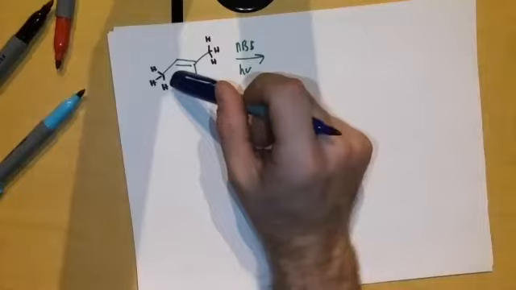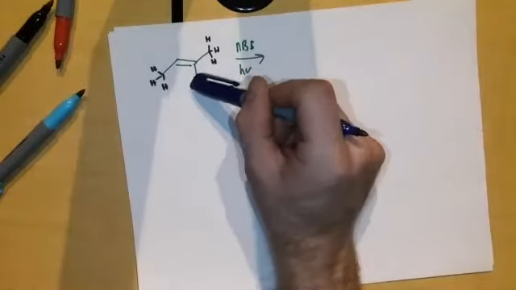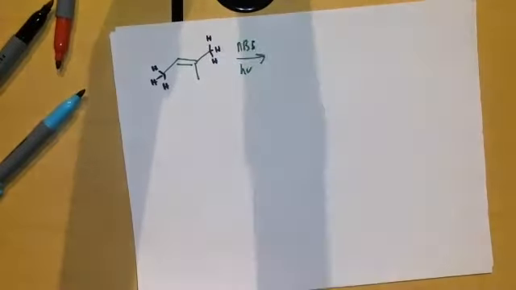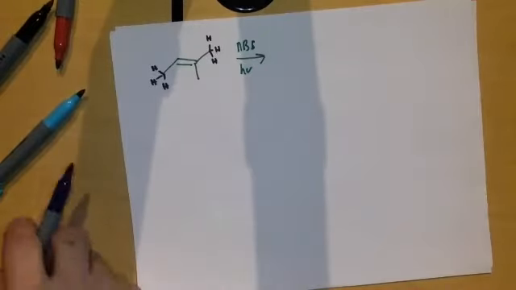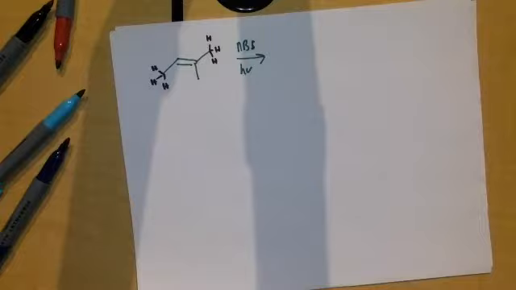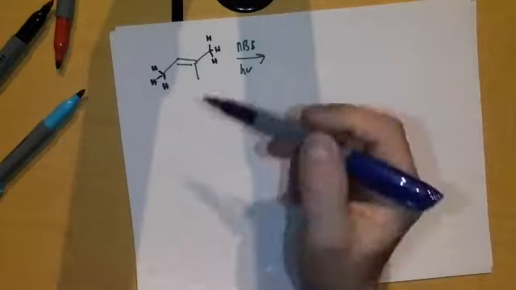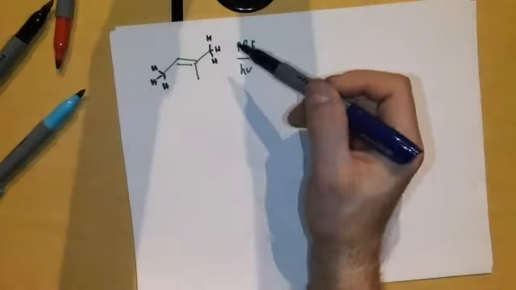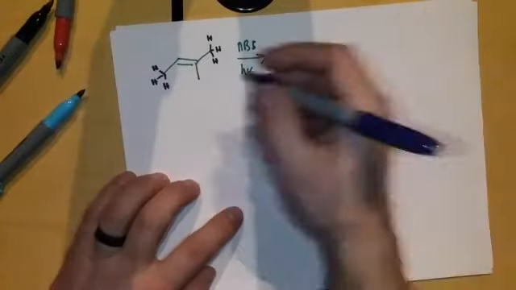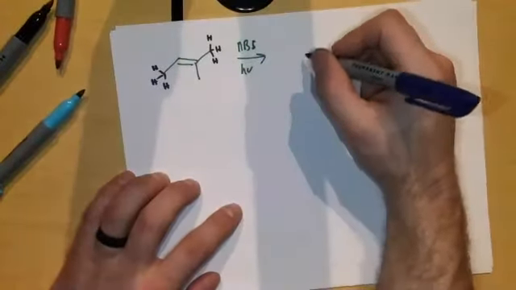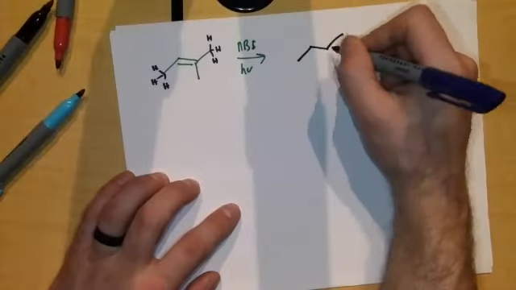We could also pull them off of these positions. Technically, we can pull them off of these ones also, but it's symmetrical, so it doesn't really matter, especially because we have resonance between them. So if we pull off the allylic positions, let's do the left ones first, it's left to right.